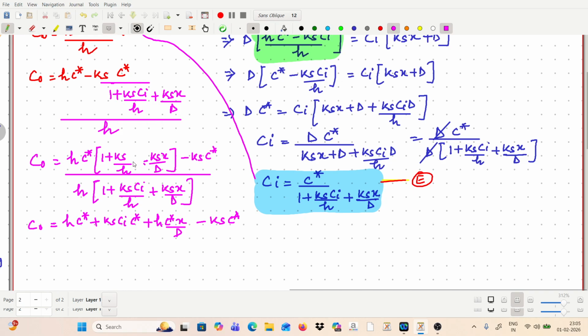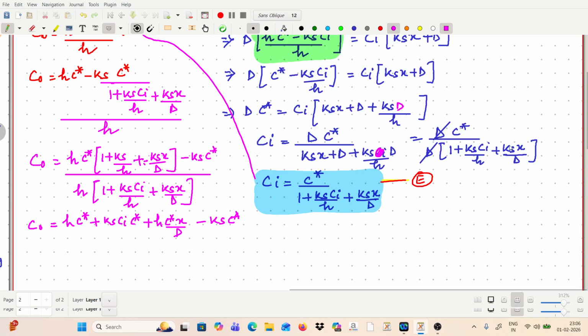Okay, 1 plus KSH by CI, wait. CI is already common. Sorry, so this should not be KS.